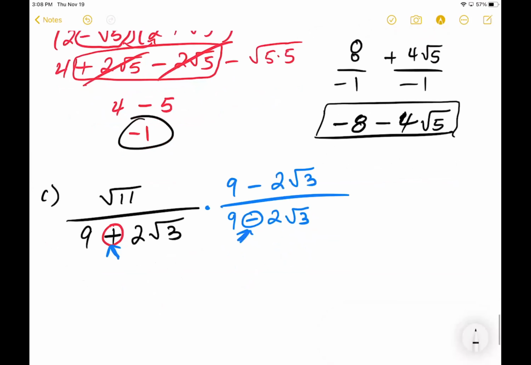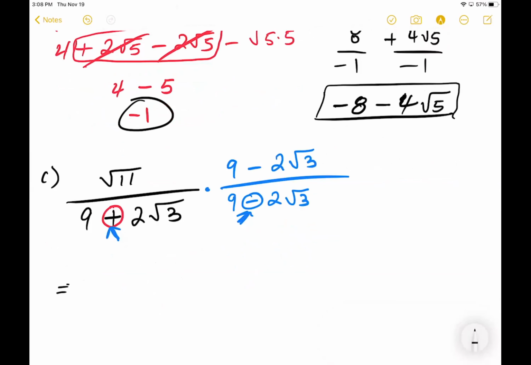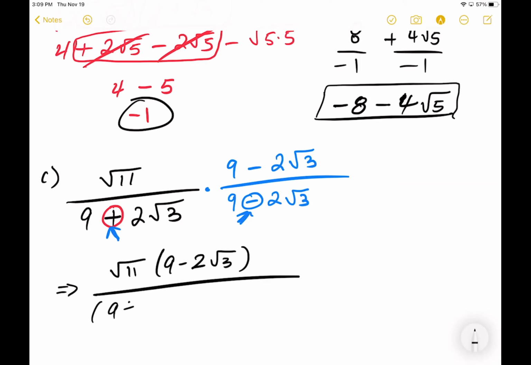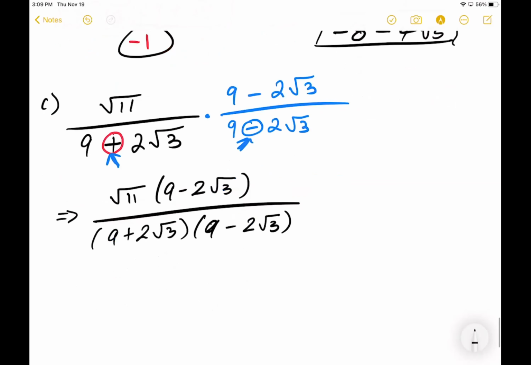If you do this, all we got is square root of 11 times 9 minus 2 square root of 3, all over 9 plus 2 square root of 3 times 9 minus 2 square root of 3. All we do is put them together, and let's distribute the numerator.